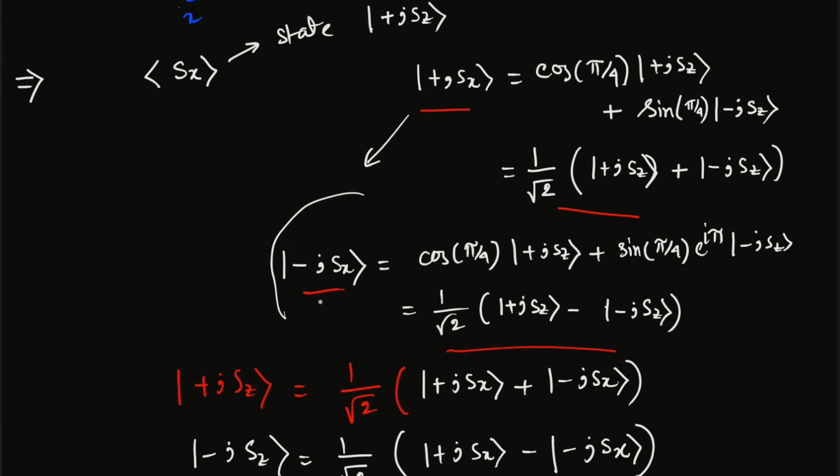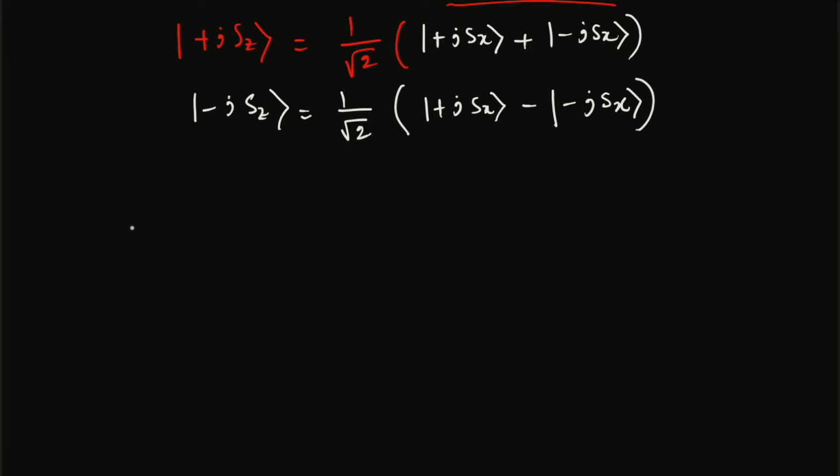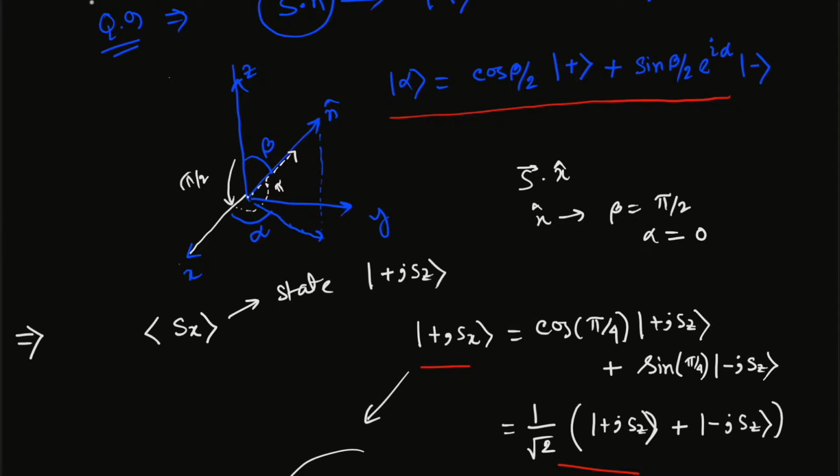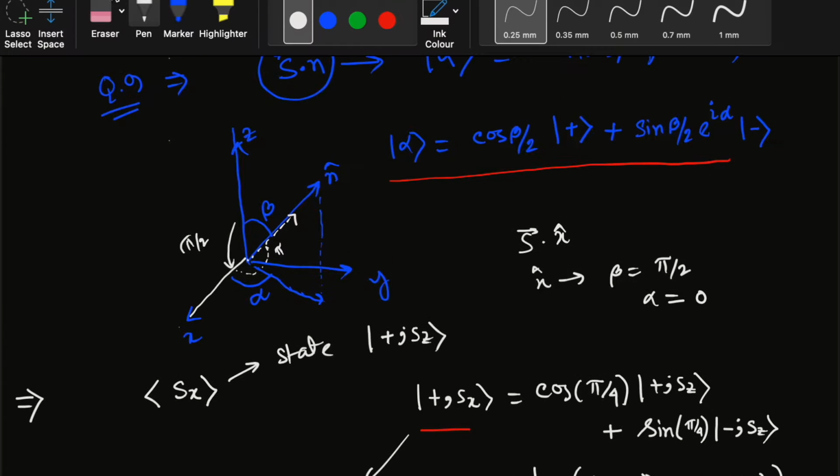Now let us check the expectation. How can we write the Sy eigenstates in terms of Sz? So let us check that.